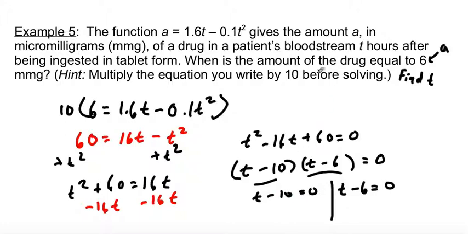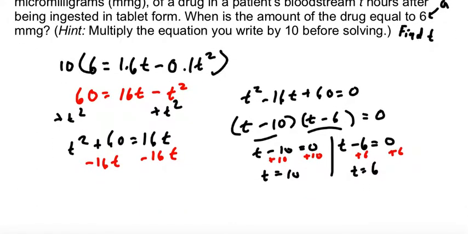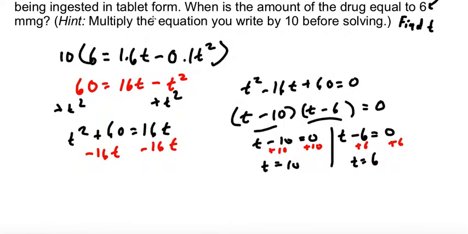So I can add 10 to both sides here. I can add 6 to both sides here. And so I just end up getting t equals 10. Over here I get t equals 6. So when is the amount of the drug equal to 6 milligrams?